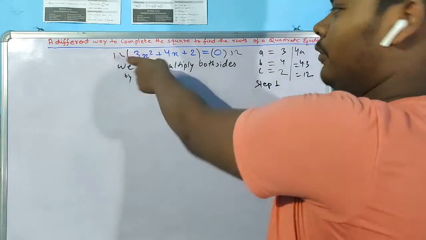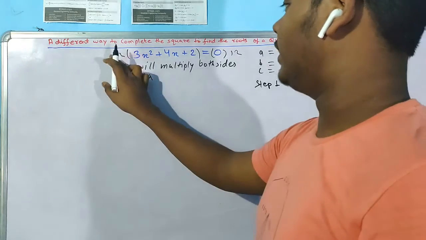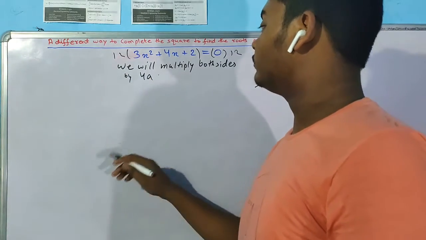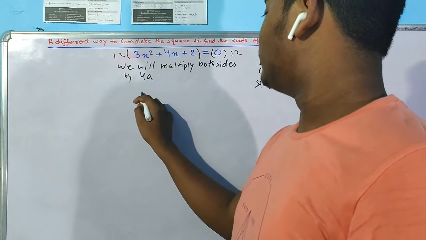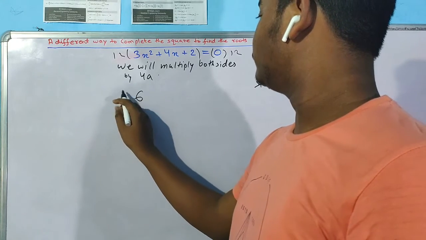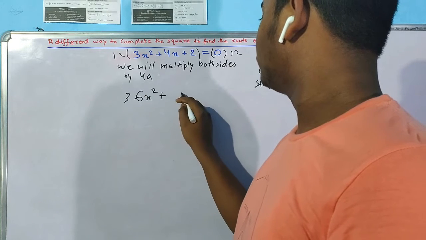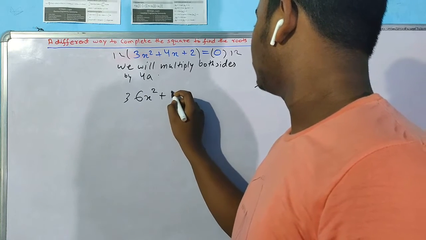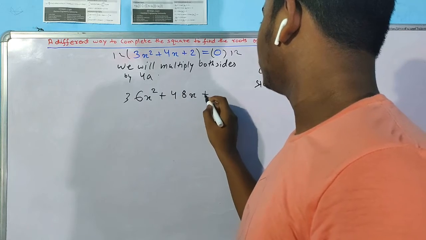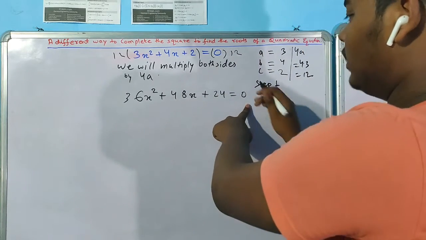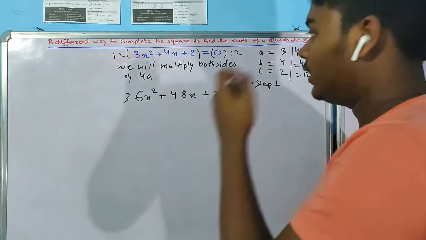For this equation, 4a is 12, right? So this will be... 0 will have no effect on it, right?